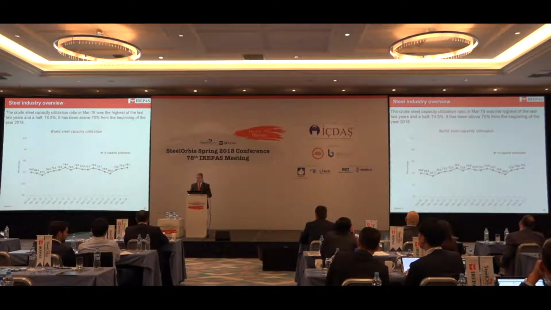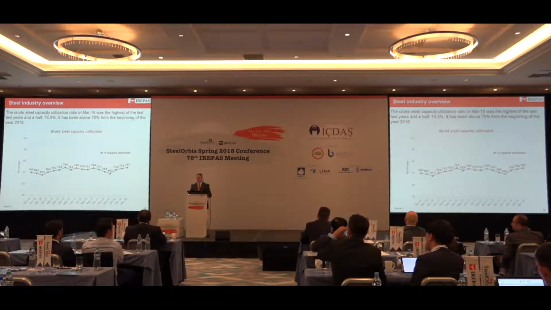It's true that we enjoyed ratios above 80% some years ago, from 2000 until 2007. But nevertheless, if the Chinese efforts continue in order to take care of this environmental ambient, and if they don't increase too much the production capacity, probably we will arrive to a crude steel capacity utilization ratio close to 80% during this year or maybe the next year.